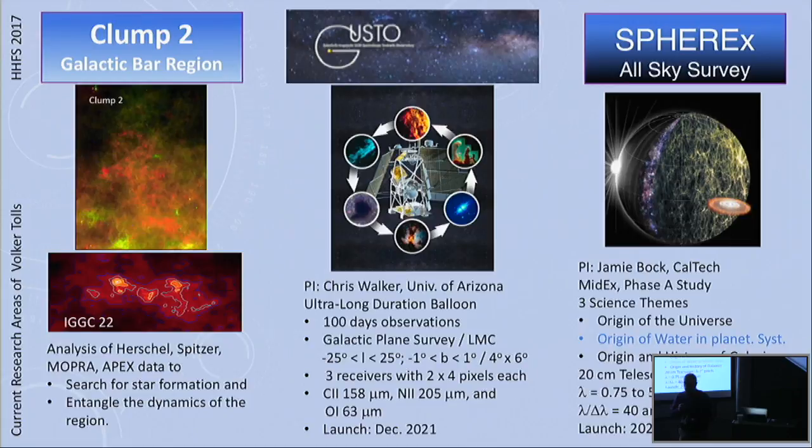What we're doing is taking spectra from 0.75 micrometers to about 5 micrometers and want to measure the ice absorption in these spectra. Our science goal is a minimum of 20,000 spectra. The expectation right now is that we probably get 1 million spectra or more.